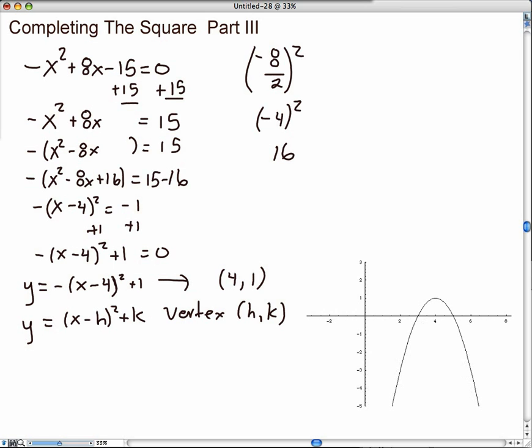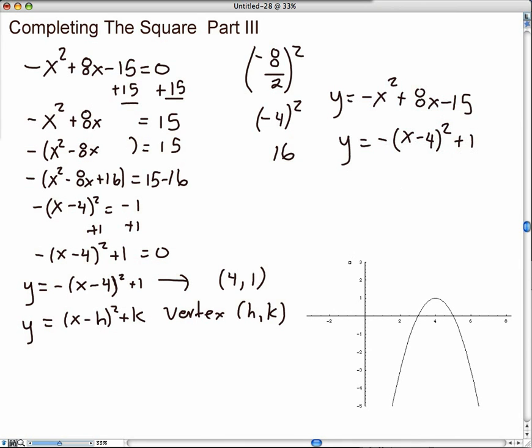We can graph y equals -x squared plus 8x minus 15, or y equals -(x - 4) squared plus 1. Believe it or not, these two are the same. If you expand this, be careful with that negative, and add the 1, you go back to the original equation.